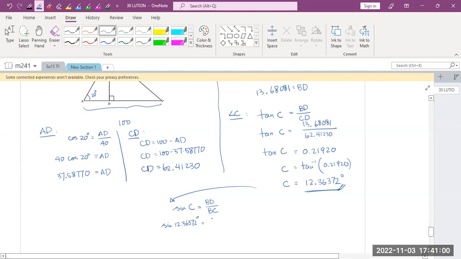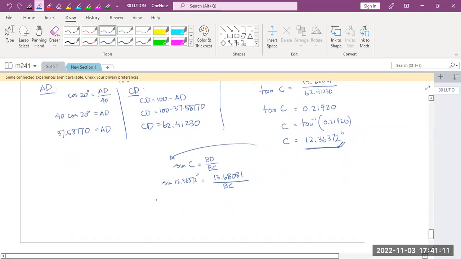Now BD is 13.68081 over BC, the one we are looking for. So BC times sine 12.36372 degrees equals 13.68081.